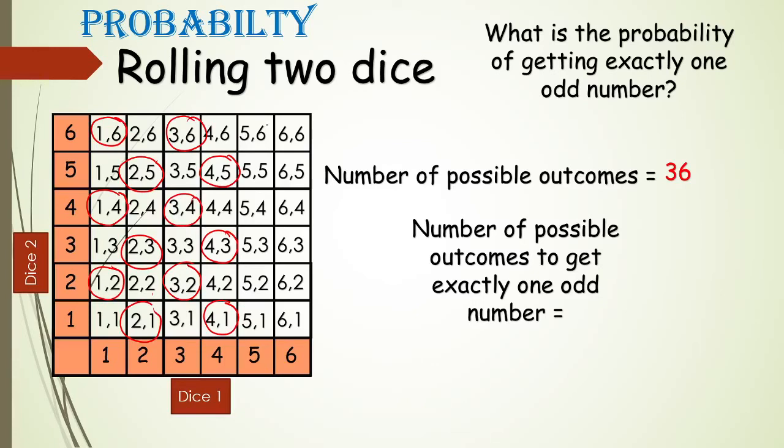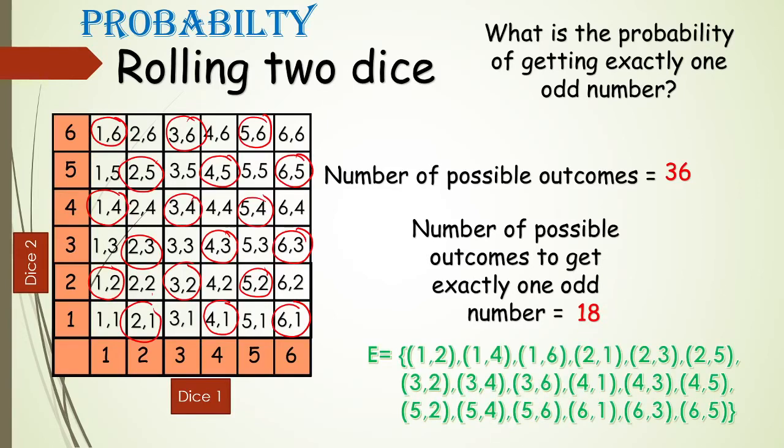Fifth column. 5, 2, 5, 4, 5, 6. Correct. What about the last column? Okay, 6, 5, 6, 3, 6, 1. Exactly one odd number. How many are there? 18. Now, what is now the probability?